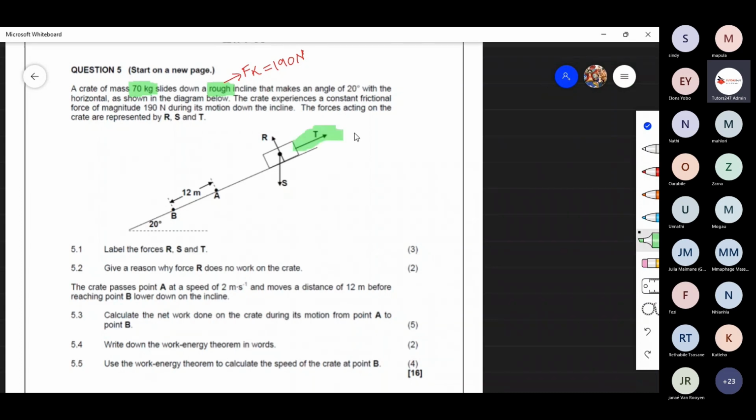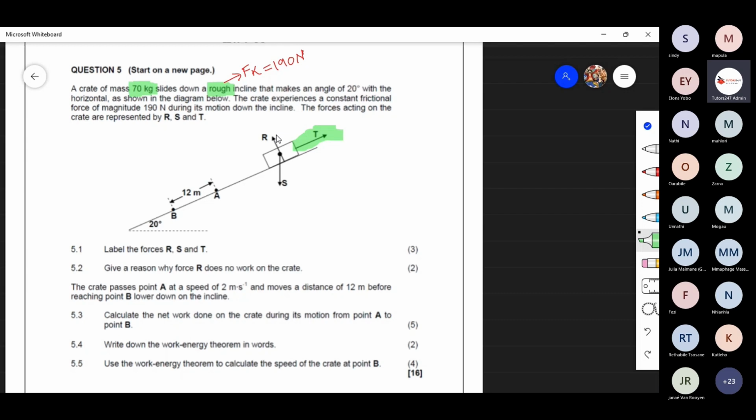Please do not see T and automatically assume tensional force. The T just represents any variable. They could have used A, B, C, X, Y, Z, anything. That T is not tensional force because the question did not mention any rope or string. Only when the question mentions a rope or string is there tensional force.